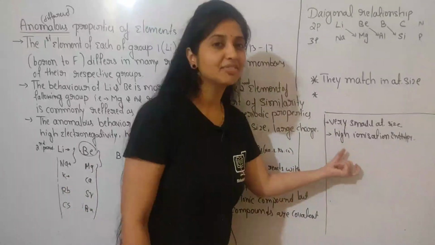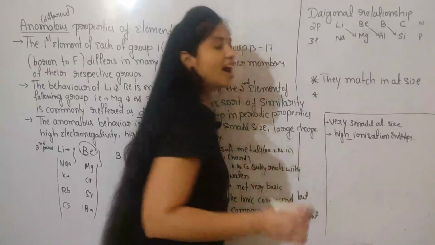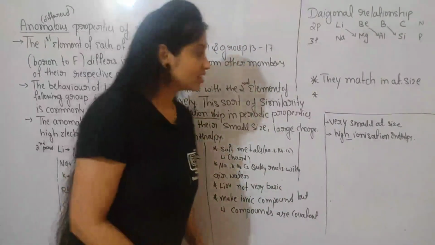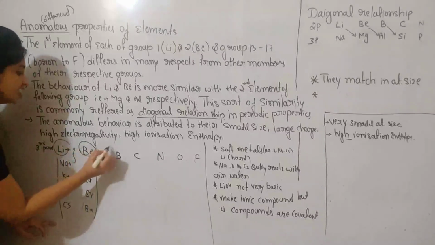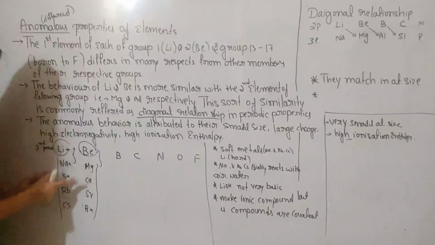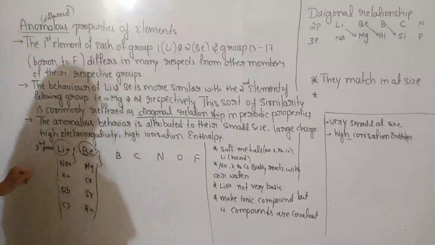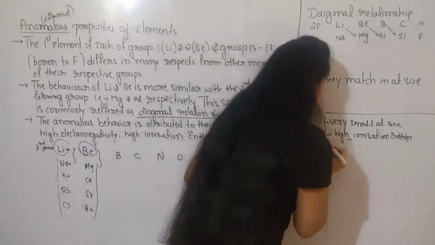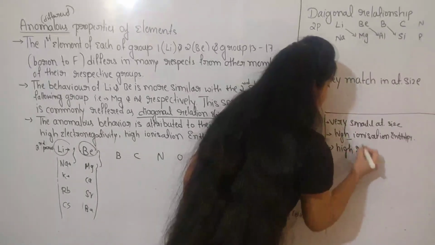High means we require more energy to remove an electron from that atom. So we need a high ionization energy in the second period elements compared to the rest of the elements present in that group. And then these second period elements have high electronegativity.